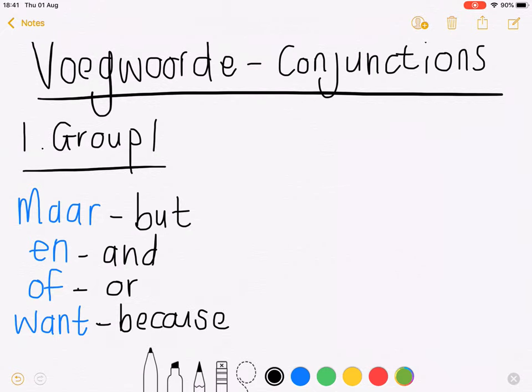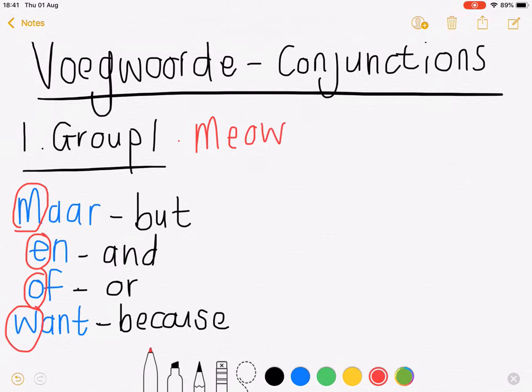Do you see a unique word forming using just the first letters of these words? That word makes the word meow. We all know a cat meows. Please, I do apologize for my cat.